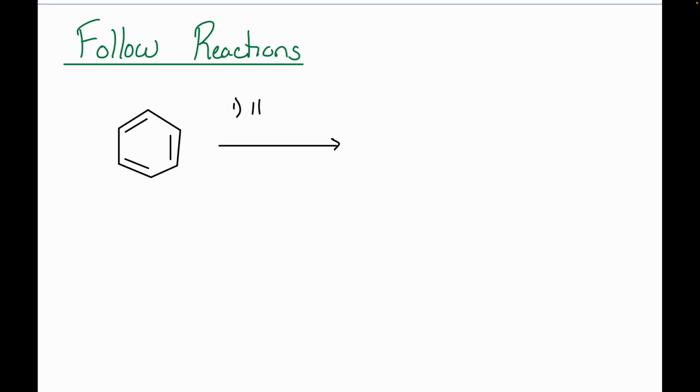So first, let's perform this nitric acid, sulfuric acid business. Then we're going to move on to fuming sulfuric acid. And then we're going to do a bromination.